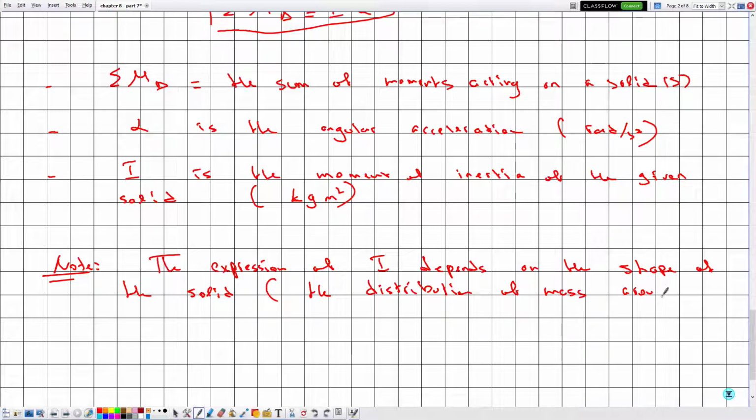So the distribution depends on the shape of the solid, the distribution of mass, as well as the position of the axis of rotation.